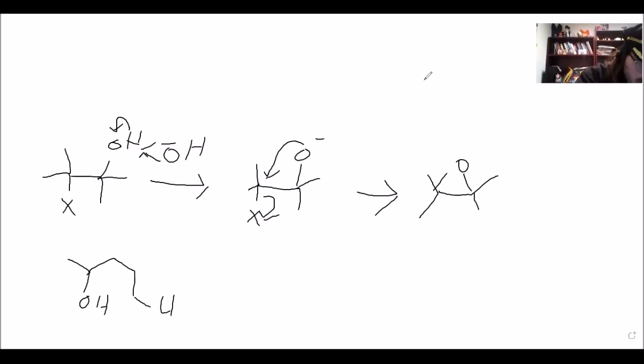So 1, 2, 3, 4, 5. That would be right there. It's 5-chloro-2-pentanol.